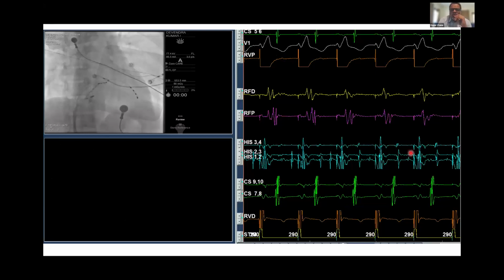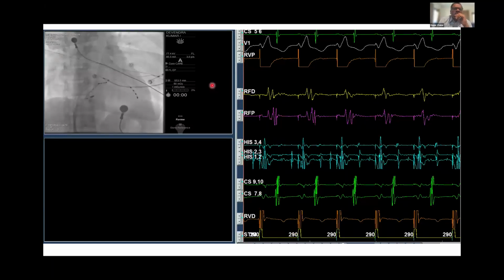And if we can show during atrial pacing, we're able to capture the ventricle and we're able to go to the earliest V in a pre-excited complex, we might hit the area where the accessory pathway is connecting the ventricle. Similarly, retrogradely, if we pace in the ventricle and look for atrial EGM, if we go to the earliest atrial EGM, we may be able to identify where the pre-excitation is happening from, and we may be able to document that arrhythmia. We may be able to ablate there and block that pathway.